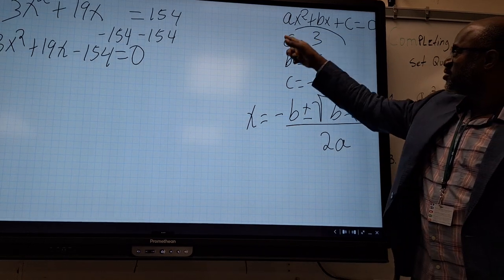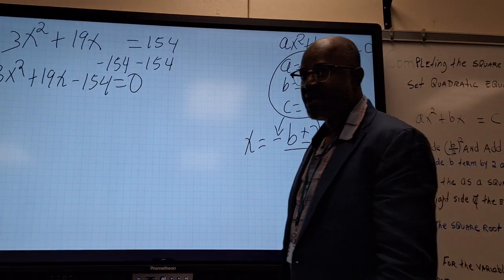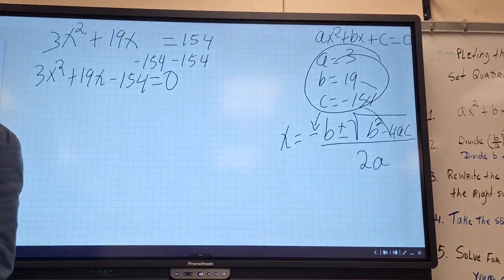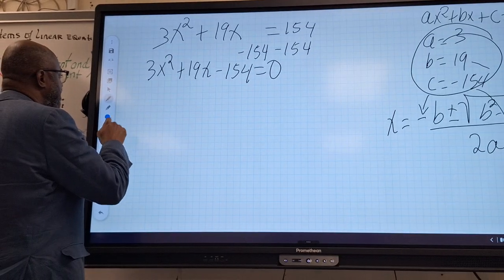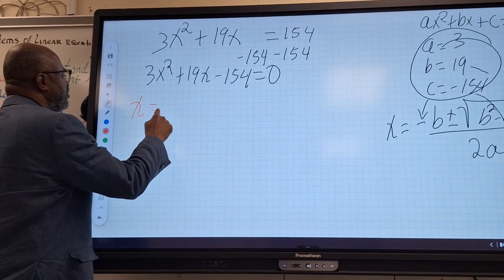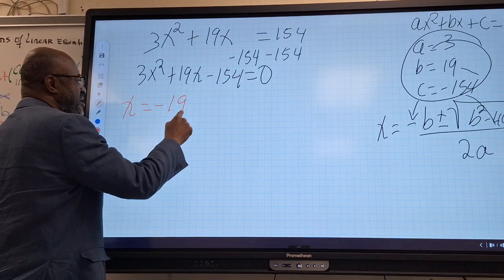So we're going to replace those values here, then you compute for x. So you can find your x-intercept if they exist. So how will you set the first one? You will have x equal minus what? 19, that's my b.